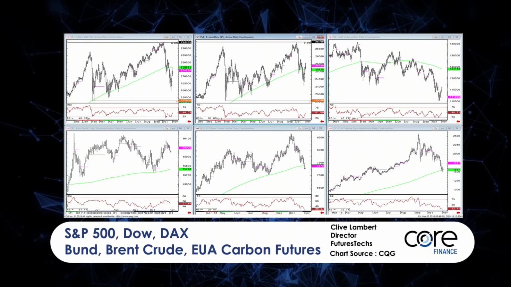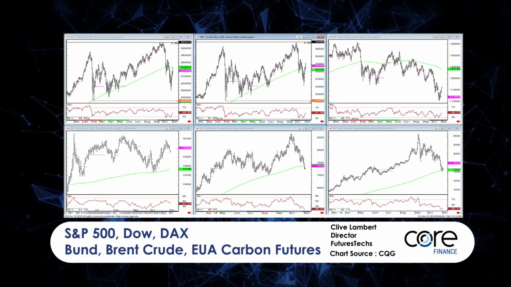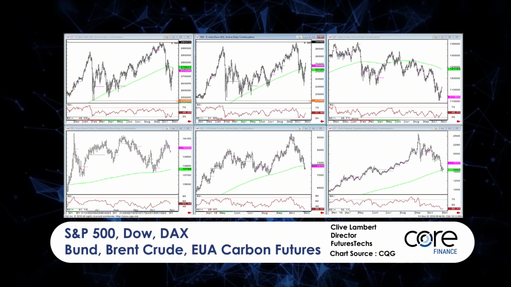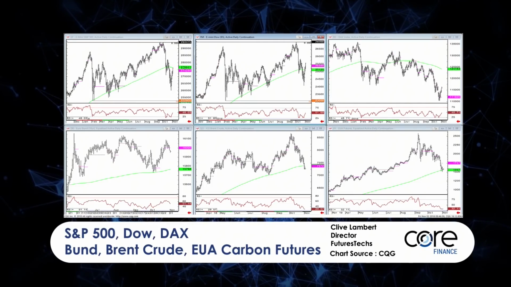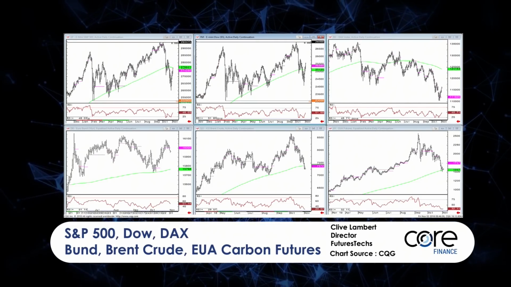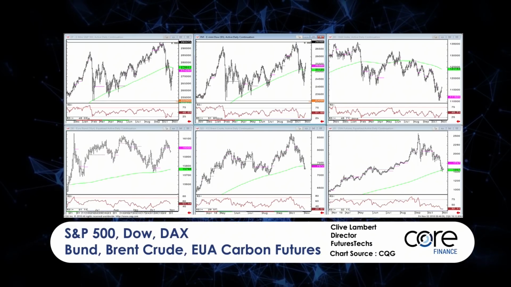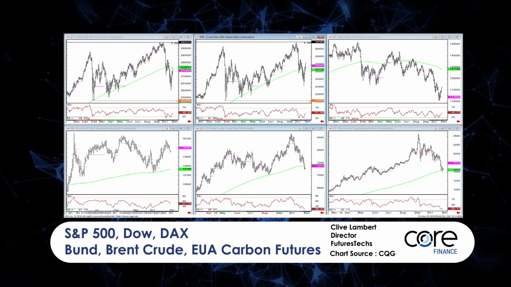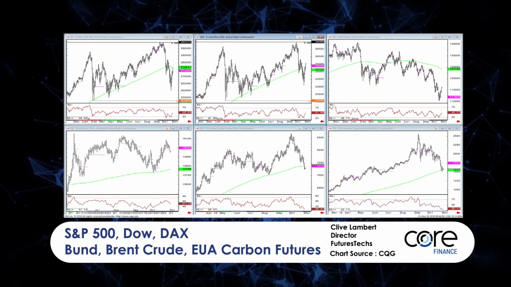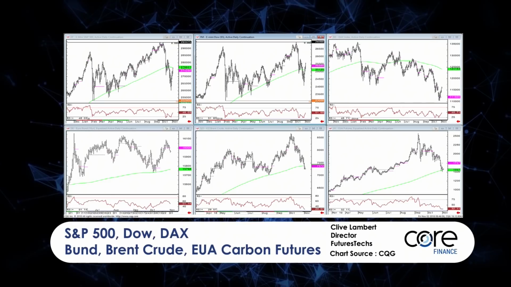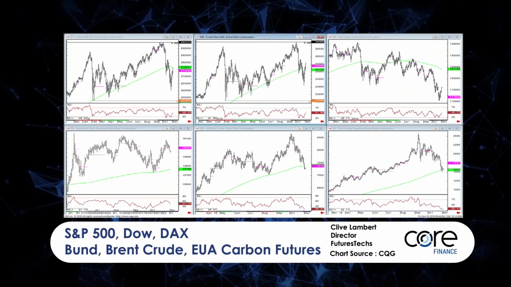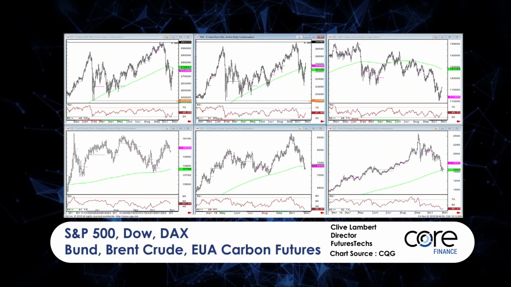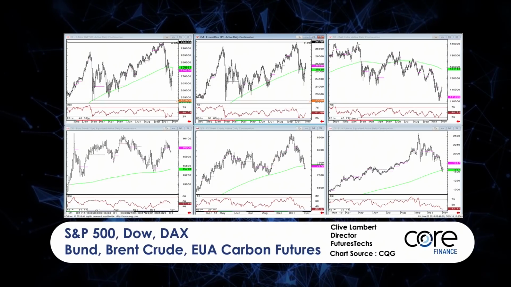We've obviously seen a flight to quality trade going on in bond markets whilst equities have been selling off, and in the last week while equities are trying to recover, we've seen bonds giving a little bit back. If you look at the US 10-year chart, it looks very different and very bearish, so higher yields are still a thing to be looking at there, but as we've mentioned before, it's a different rate cycle.